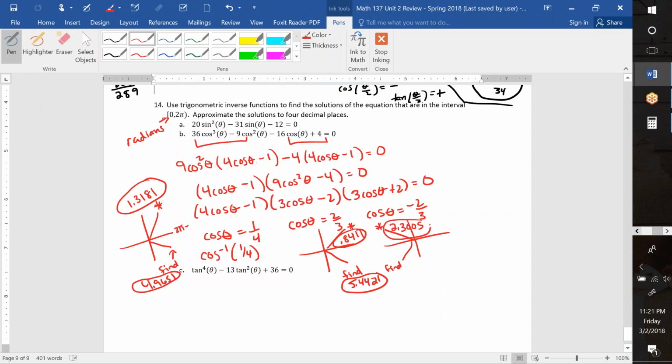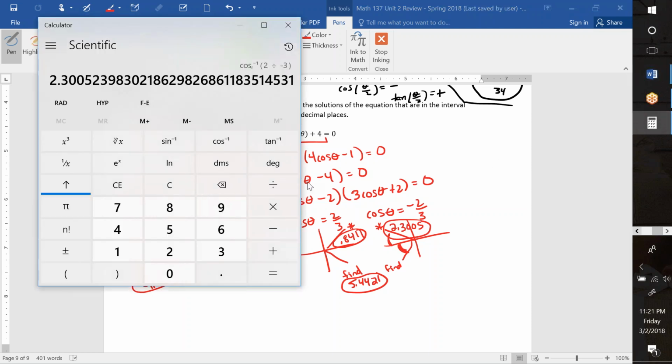Now, unfortunately for you, if you ever get a quad 2 one and you don't already have the quad 1, you do have to figure out what this reference angle is, because you're not going to be able to figure out this one down here without this reference angle. So you need to do minus pi to figure out that reference angle there. That's 0.8411, which we already knew since we did the quad 1 and it's the same ratio.